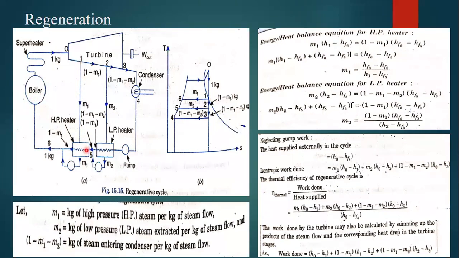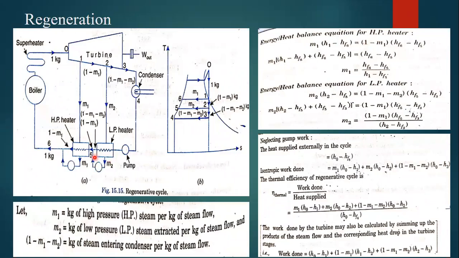Generally, we have several kinds of turbines, like medium pressure turbines, high pressure turbines and critical pressure turbines. For medium pressure turbines, we use 2 to 3 feed heaters, not more than 3.